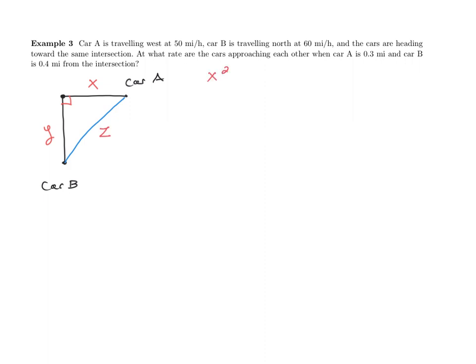It is x squared plus y squared is equal to z squared. Can we now connect any of the numbers that appear within the equation to the variables that we have defined over here? Like, for example, do we know what x, y, and z are equal to? And do we also know the rates? Do we know dx/dt, dy/dt, and dz/dt?